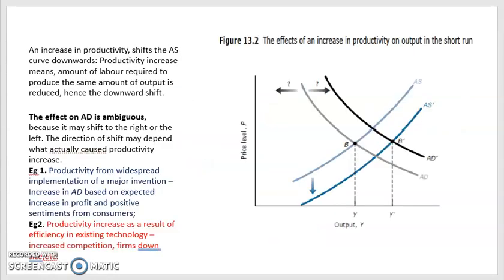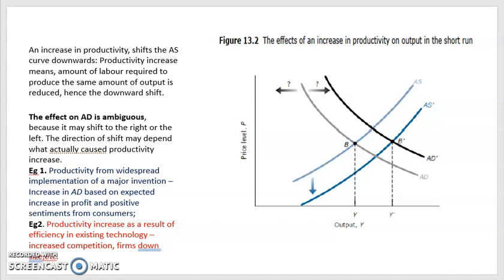The safest answer to this is that it would depend on how the increase in productivity shifts the aggregate supply and aggregate demand curves. So take the aggregate supply curve first, for instance.